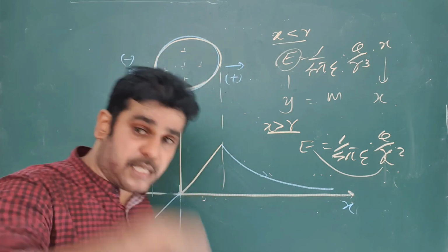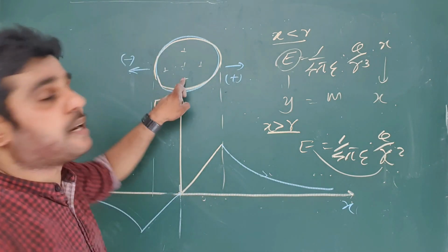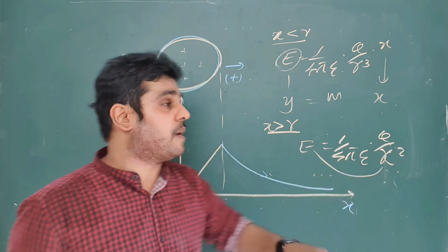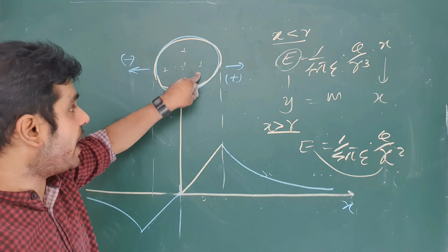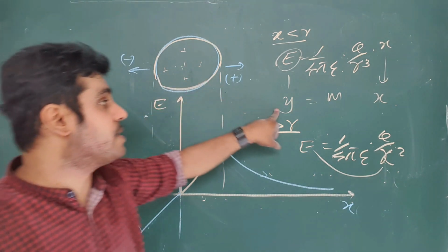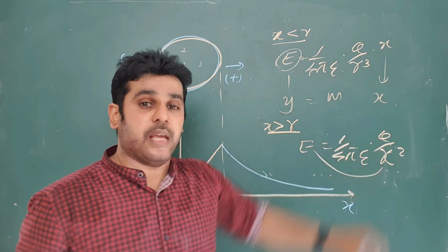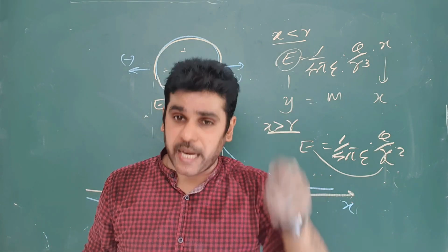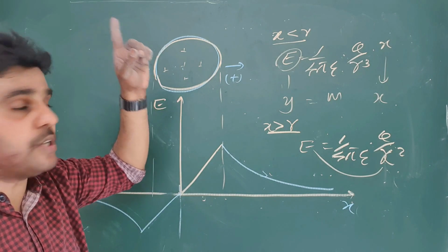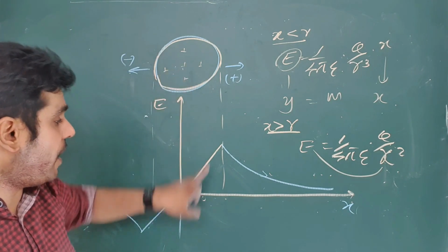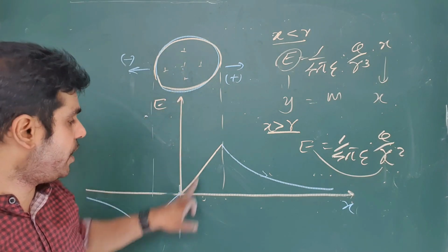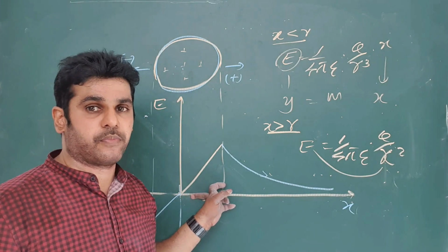But inside the conducting sphere, E becomes 0, but inside the dielectric media, it undergoes y equals mx. Inside the conducting sphere, at the center, E goes to infinity, but at the center of the dielectric media, E becomes 0. This is the method.